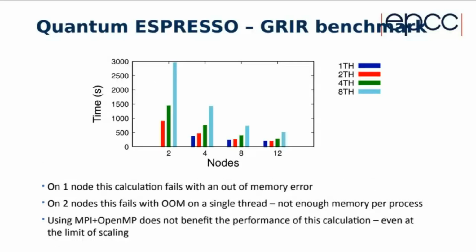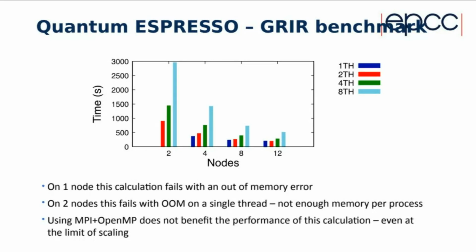And then for Quantum Espresso, this is the graphene iridium benchmark. Quantum Espresso seems to be quite memory intensive for the calculations that I've run. On a single node, this calculation fails with an out-of-memory error. It runs on 2 nodes, but it doesn't work with a single thread, as there's not enough memory per process for a single thread on 2 nodes.